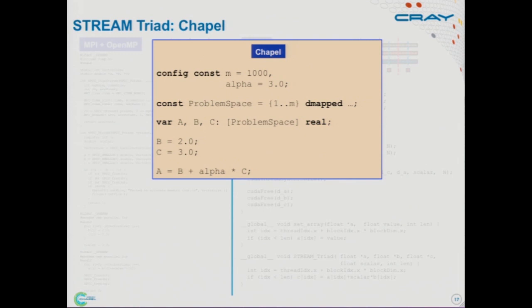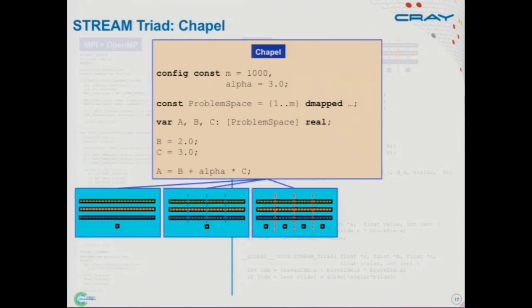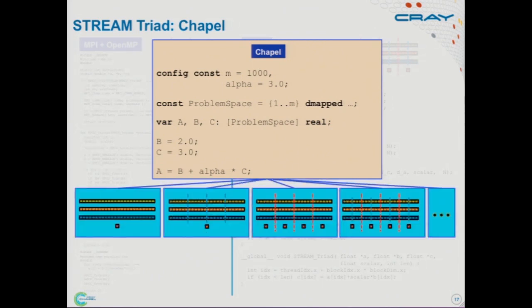By the end of this talk, you'll probably understand most of this code, but I don't want to walk you through it right now. What I do want to say is that with this one program, I can run this in a serial mode, in a shared memory multi-core mode, a distributed memory mode, the hybrid mode we talked about, or really any one of a number of other ways of mapping this down to the hardware, including dynamic load balancing or different distributions. All through this one clause here, which I've elided a few details on.